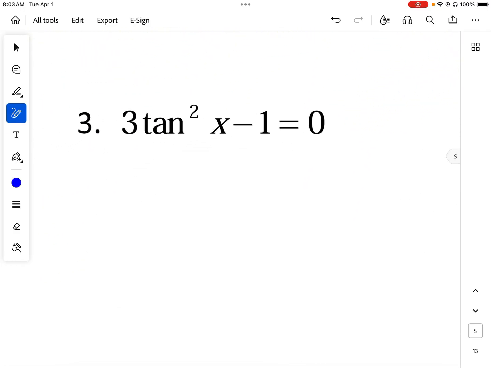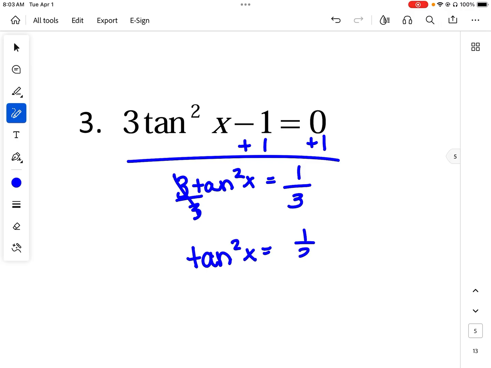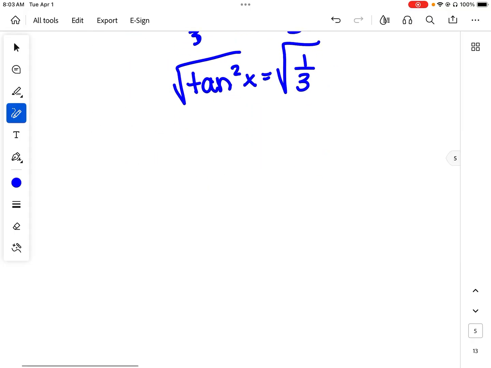Okay, let's go to this one. Okay, so let's solve it. So I'm going to add 1, 3 tan squared x equals 1, divide by 3, tan squared x equals 1/3. Take the square root.